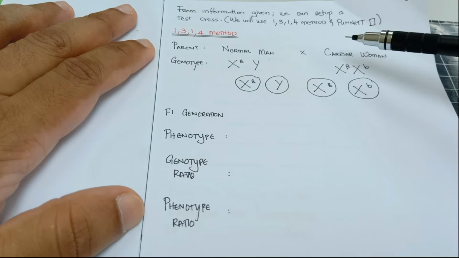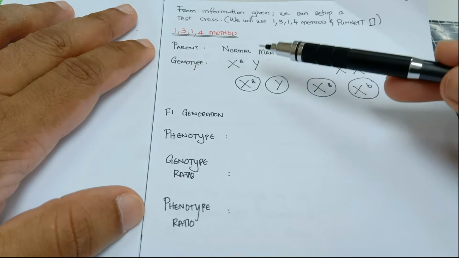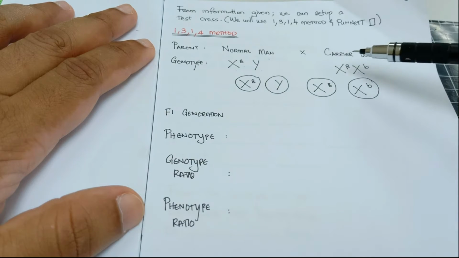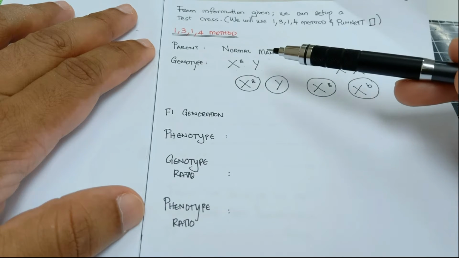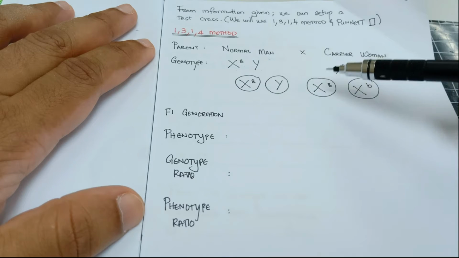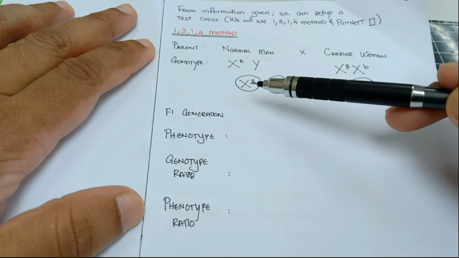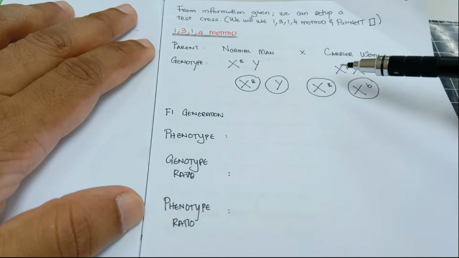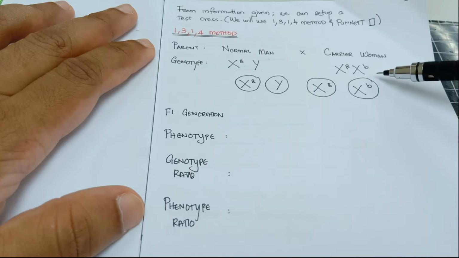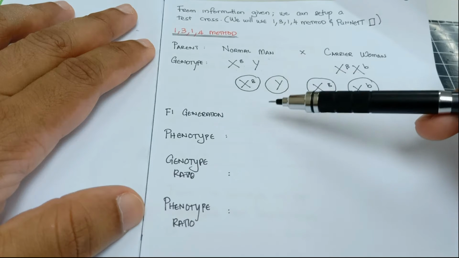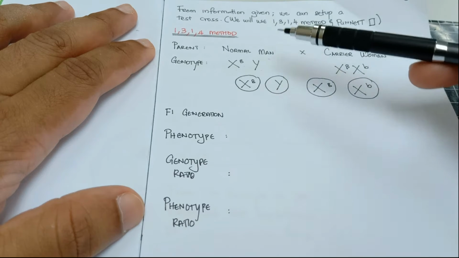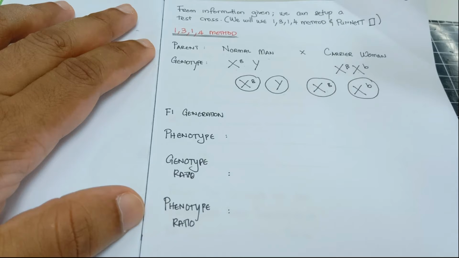I have written the genotype, and then I split the genotype into its individual forms. I have XB, Y, XB with a capital B and X with a lowercase b. Now I'm going to do a cross for F1 generation parents, then F1 generation the child.